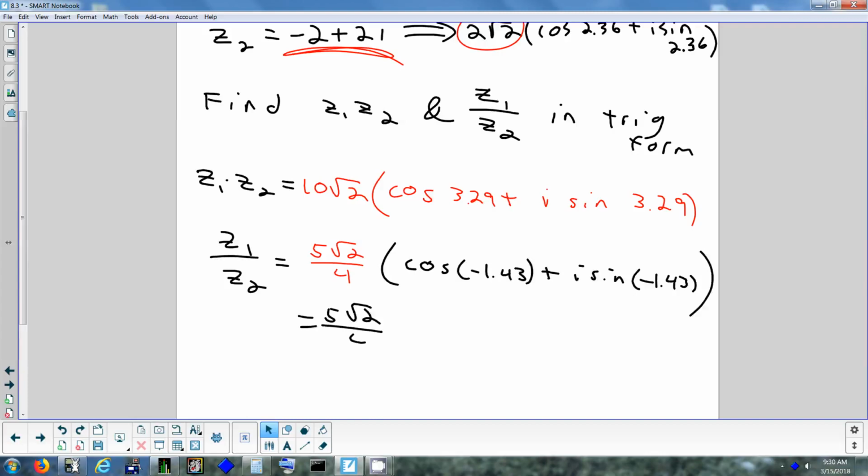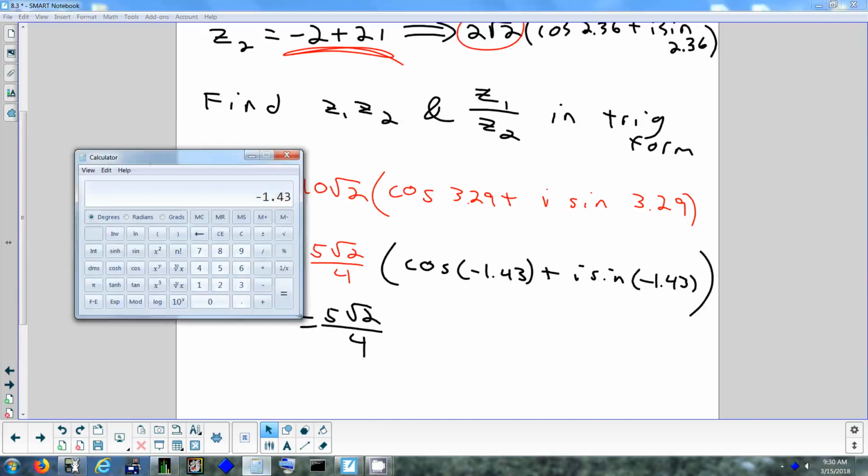Now, when you get rid of the negative, the radius doesn't change. There's nothing you can do with that unless you want to make the radius a decimal. But what can you add to an angle to make it positive? It doesn't change the angle, it just adds something to make it positive. Add 360 degrees, or if we're in radians, what would you add? Add 2 pi.